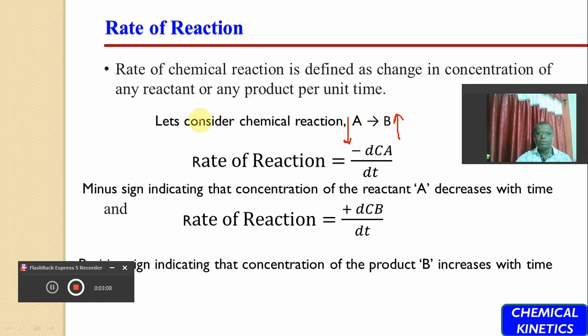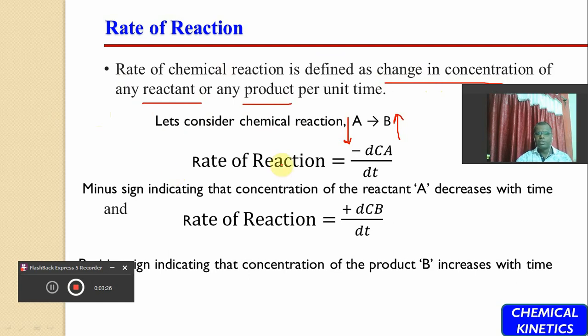And the change in concentration of any reactant or the product in unit time is called the rate of reaction.